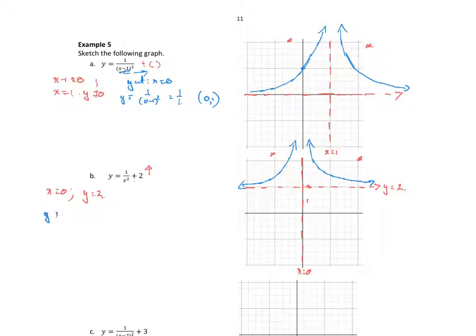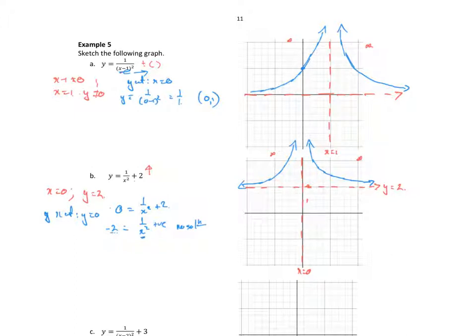So for the x-intercept, y would be equal to 0. So 0 equals 1 over x squared plus 2. Let's take the negative 2 across: 1 over x squared equals negative 2. You can see straight away that 1 over x squared has to be positive, it can't be a negative number, so there's no solution there. So that's another reinforcement that our graph has no x-intercepts or y-intercepts.